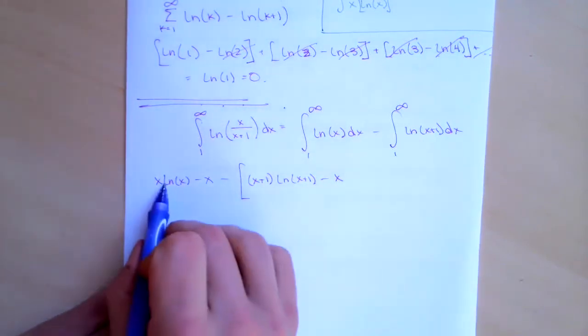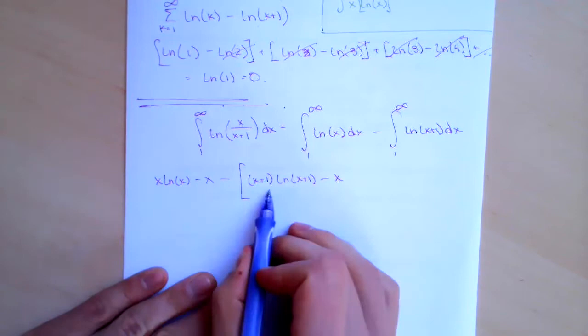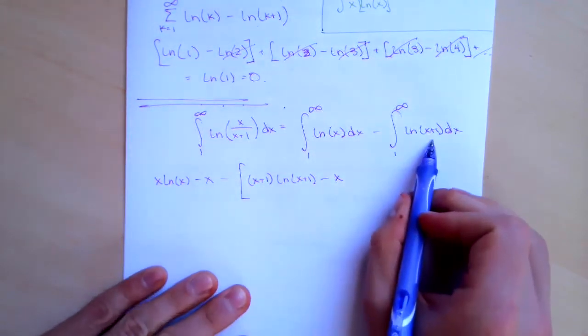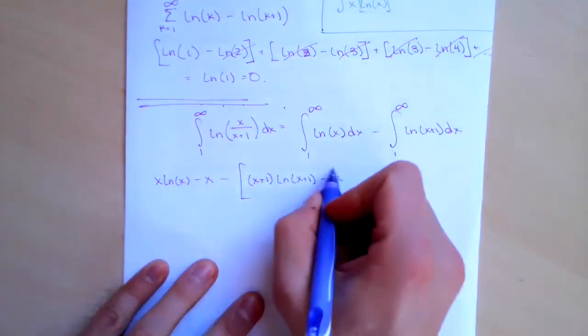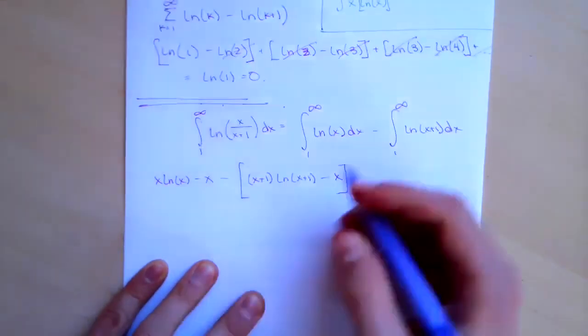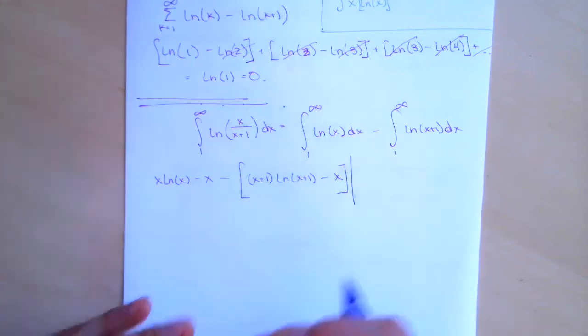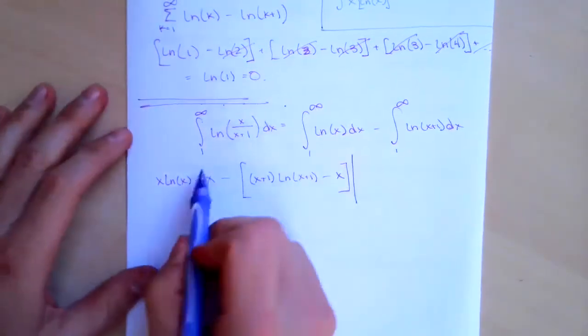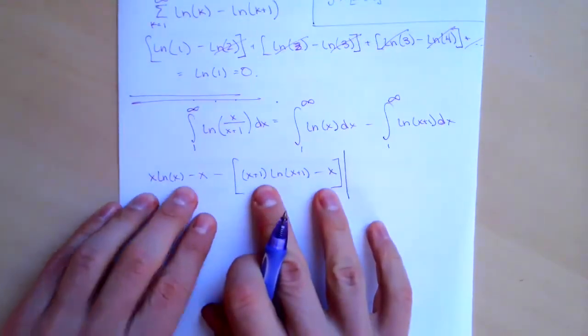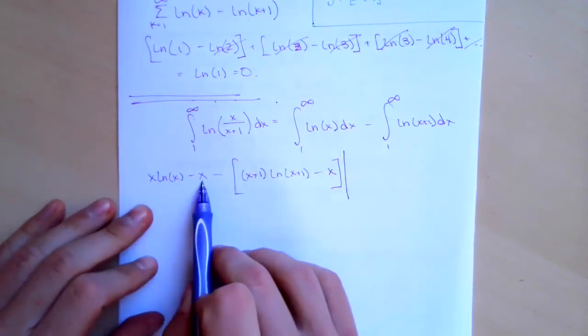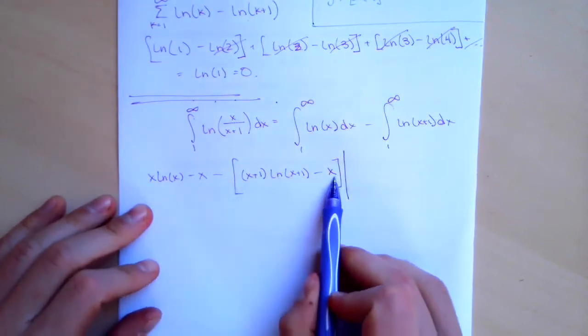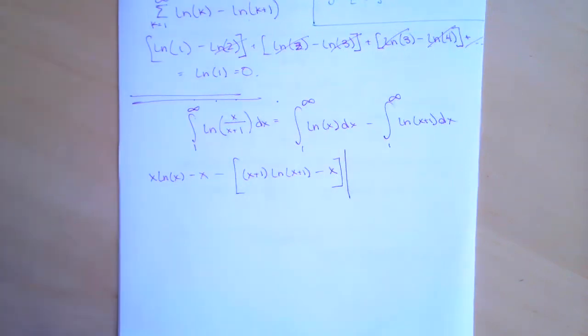So try this: either take a derivative of this to see if you get back to the integrand, or go through the integration by parts steps yourselves. And I'm going to compute the limit of this whole function, because unfortunately if I put the limits in here and here, we'd get another infinity minus infinity minus infinity plus infinity, and we get weird sums and differences of plus and minus infinities.